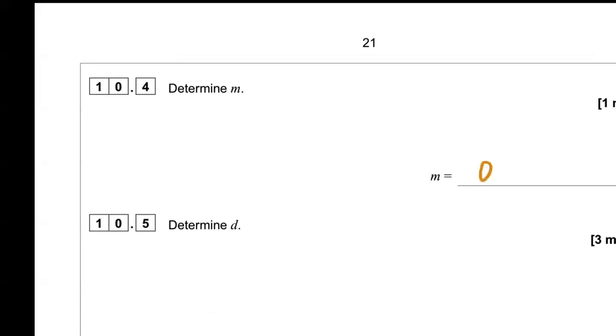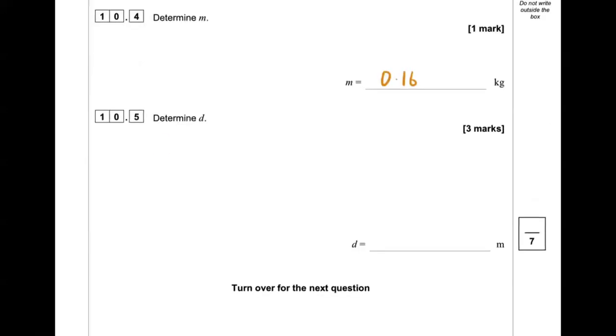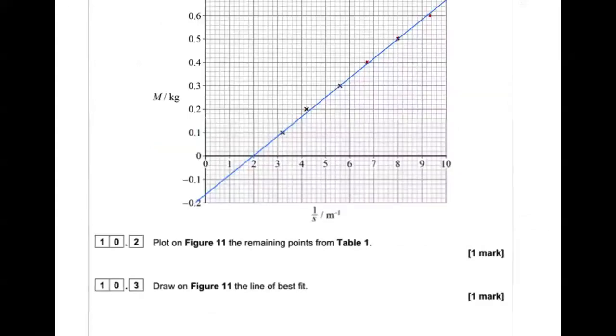All right, determine d then. So gradient is md, right? So d is gradient over m. So for the gradient I need 2 points, so let's pick out 2 points.